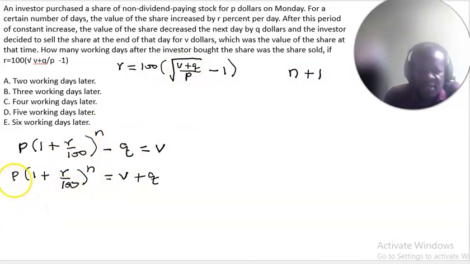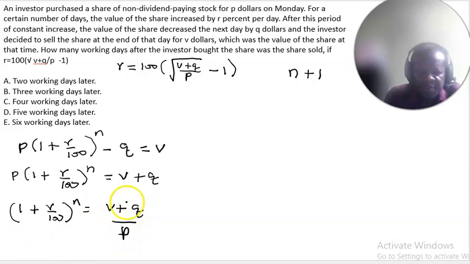So you divide both sides by P. This becomes 1 plus R over 100 raised to power n equals V plus Q over P. So we take away the n, so this becomes 1 plus R over 100.